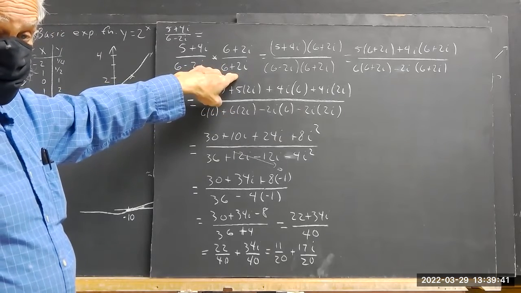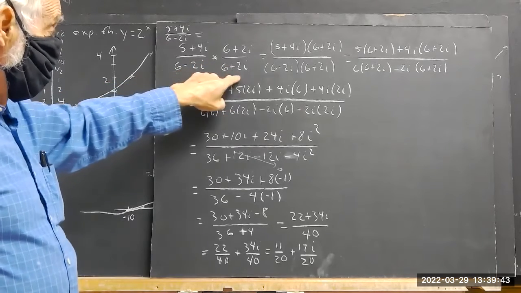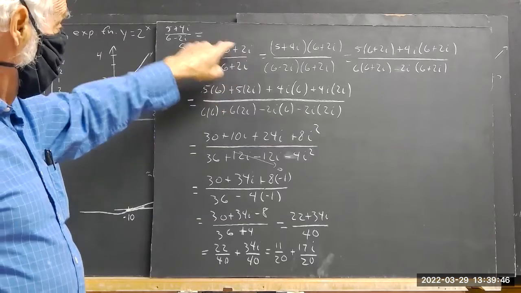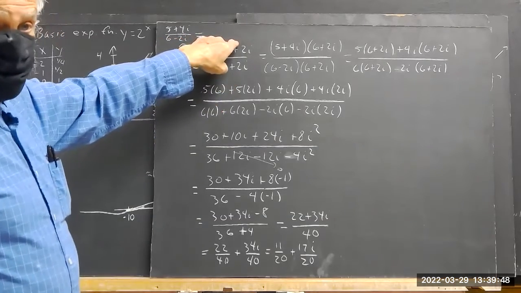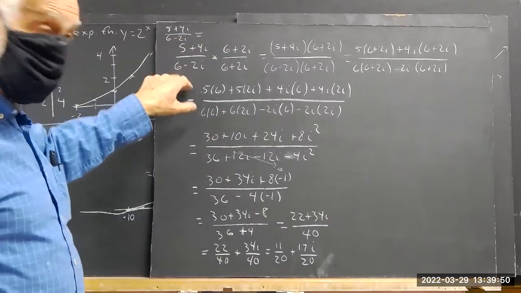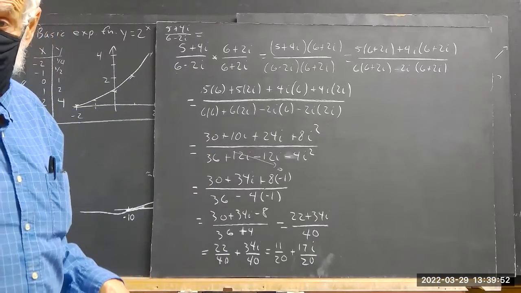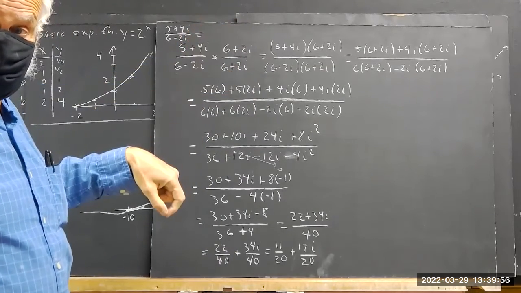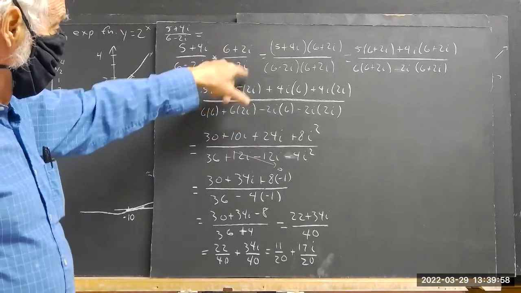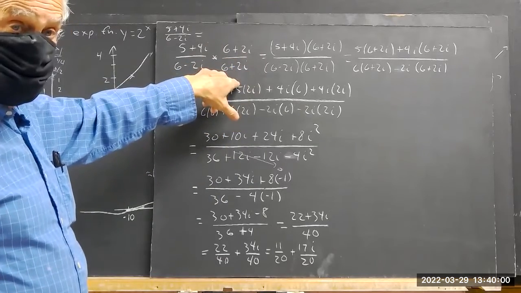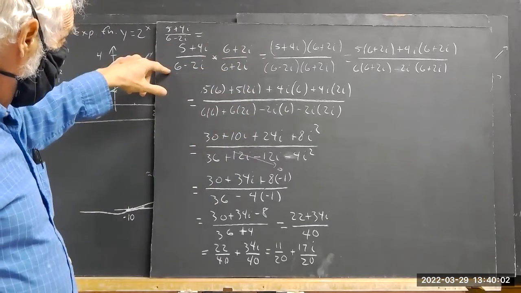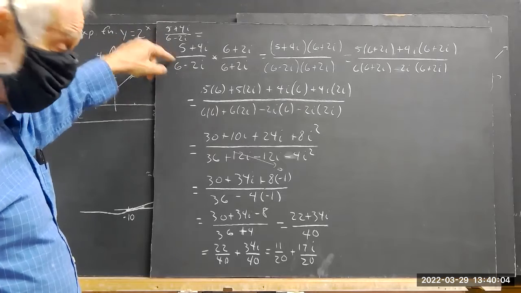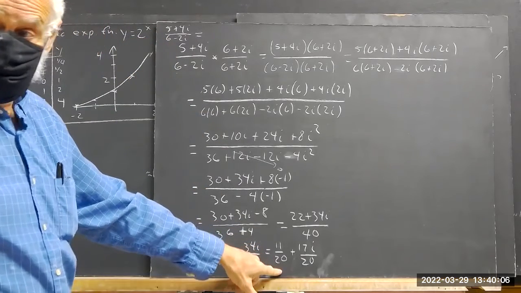But of course, to multiply this by the complex conjugate, you've also got to multiply the numerator by that complex conjugate of the denominator, because this has to be 1. This is clearly equal to 1.